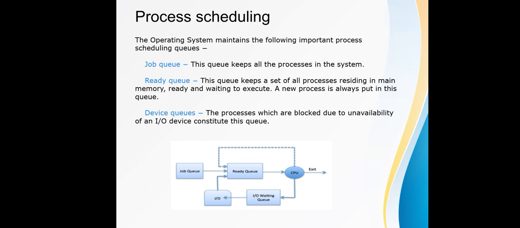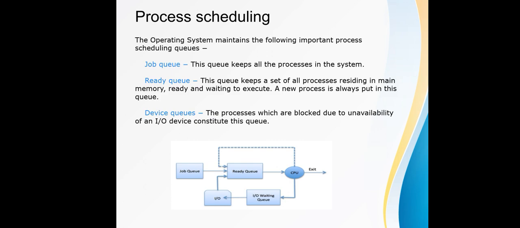So we have to define what the ready queue, job queue, and input output queue are. See the definitions. The job queue keeps all the processes in the system, whereas the ready queue keeps the set of all processes residing in main memory, ready and waiting to execute. A new process is always put in this queue. Then the next is the device queue, or input output waiting queue.